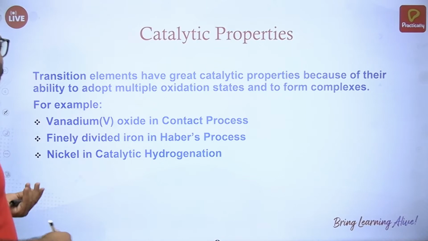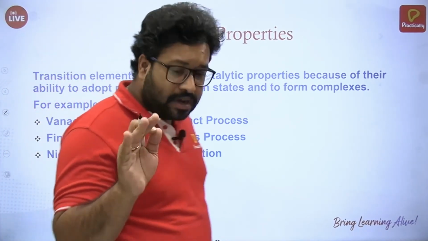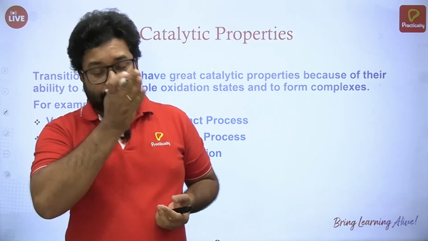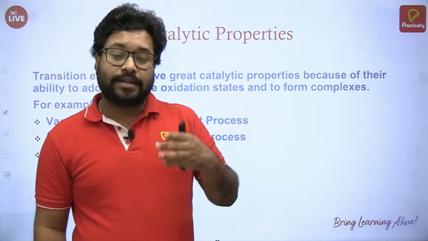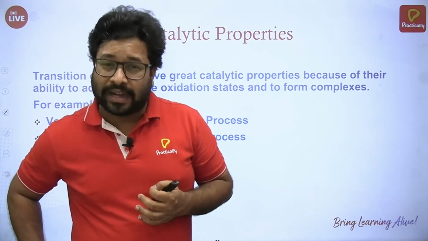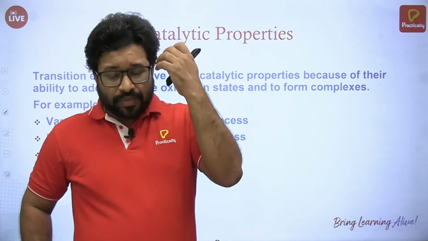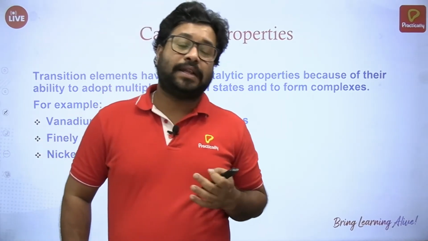For example, vanadium oxide in the contact process. In the contact process, we take sulfur and combine it with oxygen to form SO2. Then SO2 gets converted to SO3, which is the most important step. What does the contact process do? It prepares sulfuric acid from sulfur.